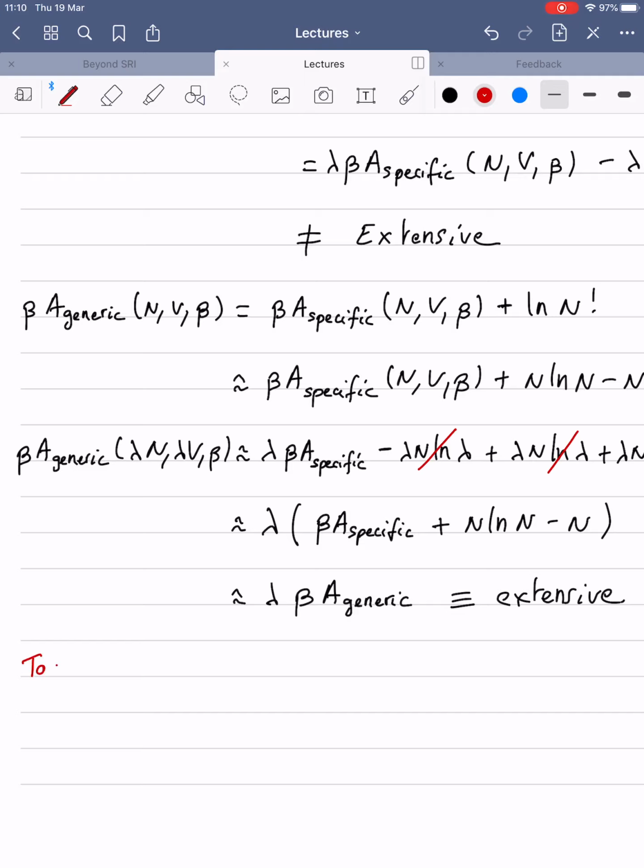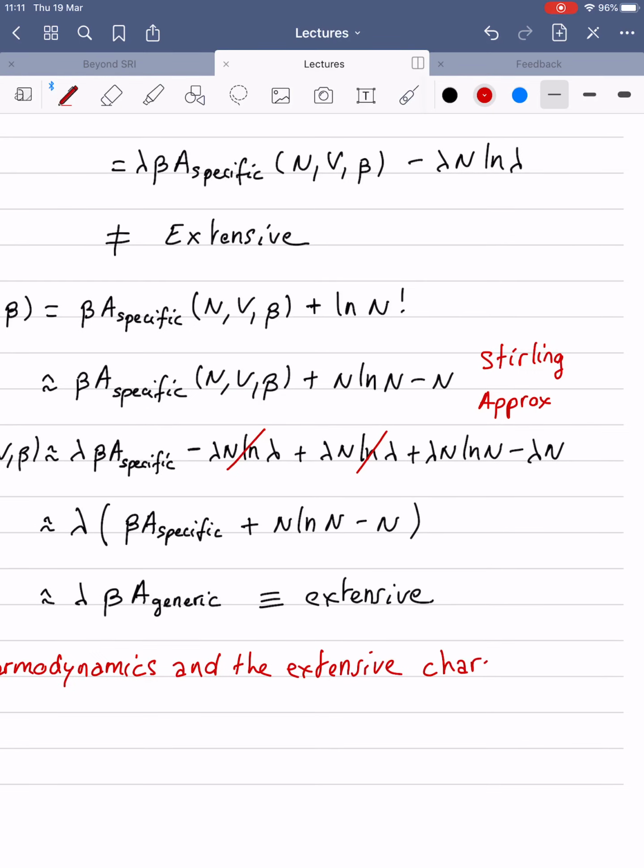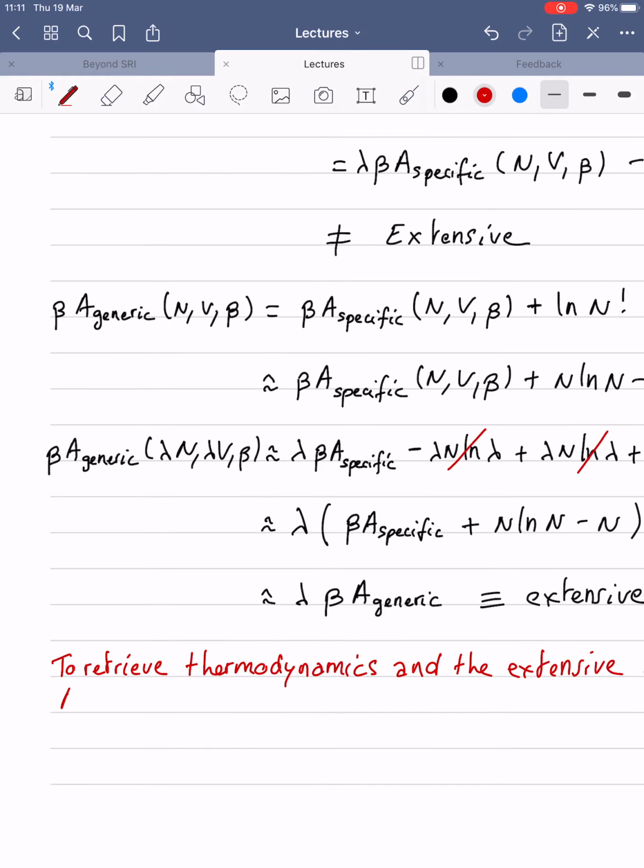To retrieve thermodynamics and the extensive character of A, but also of anything else, so S, U, anything else like this, right?